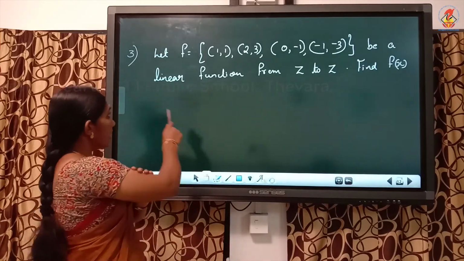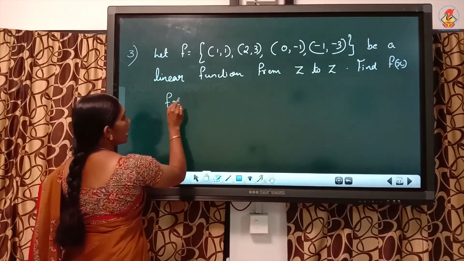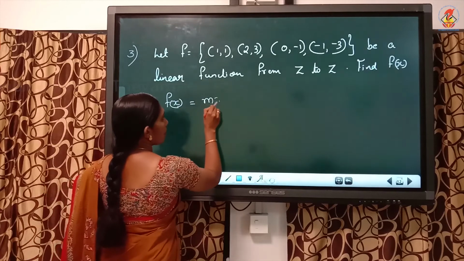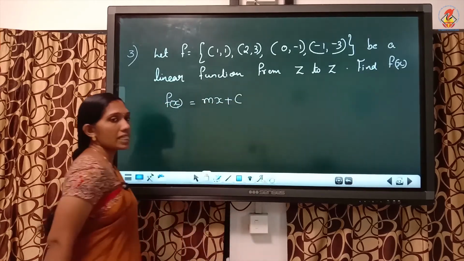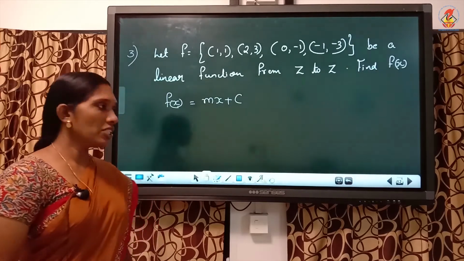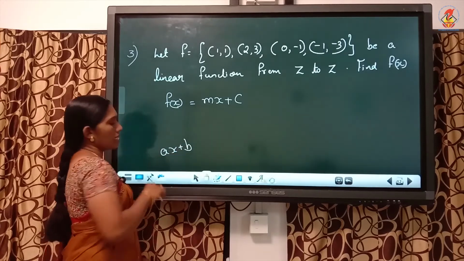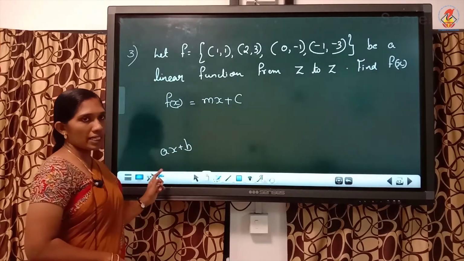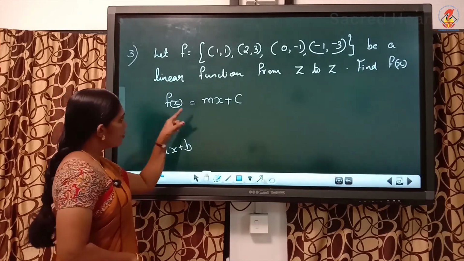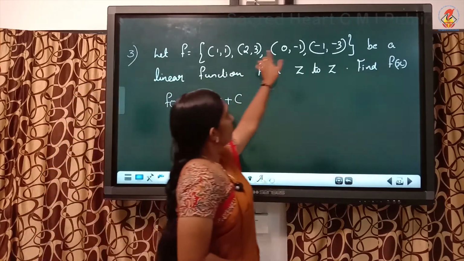It is a linear function, so a linear function is of the form mx plus c, where m and c are constants that we have to find. A linear function is just like a linear polynomial. You have studied in smaller classes that the linear polynomial standard form is ax plus b. The same thing. You have to find a and b, or m and c, from this.